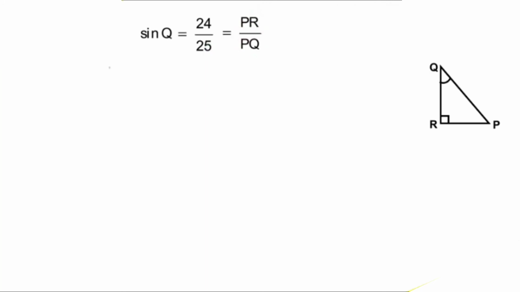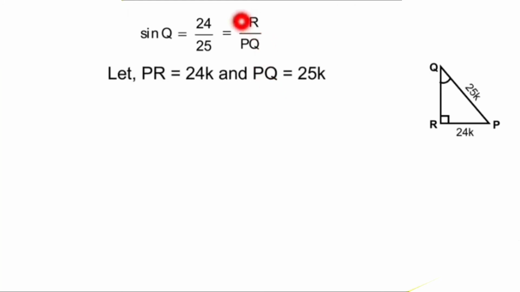Now let us take PR is equal to 24K and PQ is equal to 25K. Children, here K is a constant. We need to take K since 24 by 25 is the ratio of the sides of a right angle triangle.